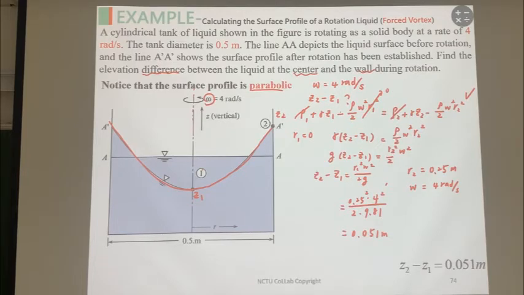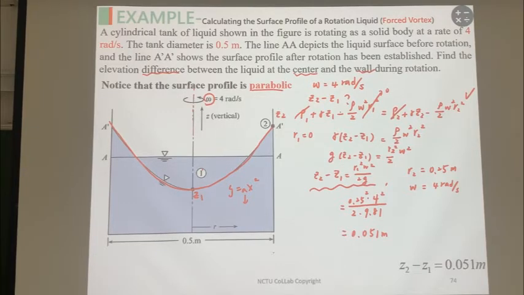Okay, parabolic. And what is the parabolic function? Like y is equal to a x squared, right? And a controls the curvature, thinner or fatter. And we have a x squared and y. So compare with the formula shown here.